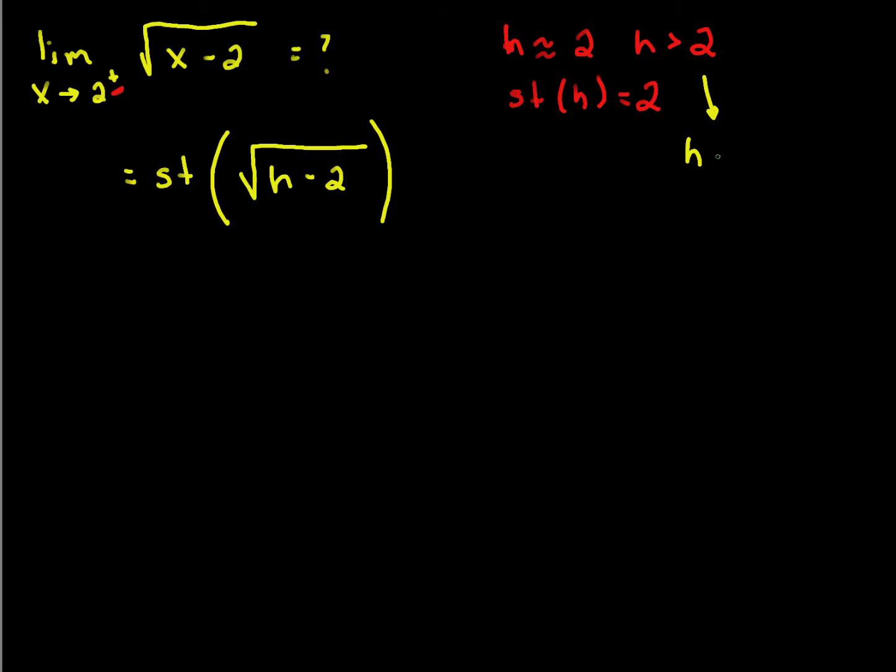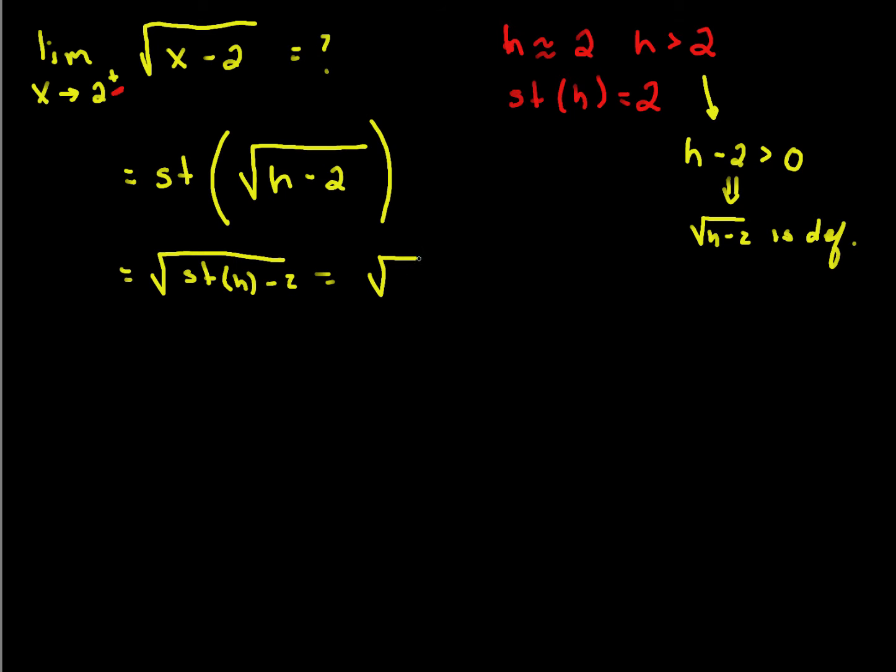So h minus 2 is positive, which tells us that the square root of h minus 2 is defined. That's good. So then this is equal to the square root of the standard part of h minus 2, which is the square root of 2 minus 2, which is 0. So the limit from the right exists.